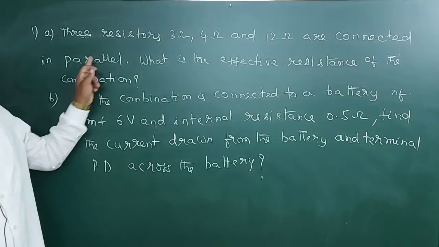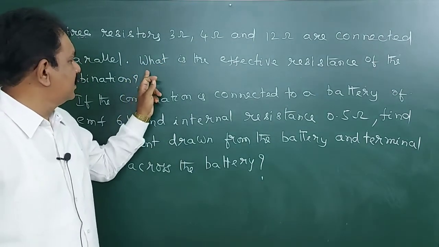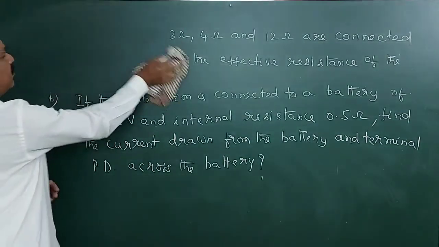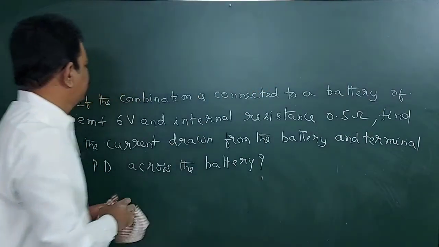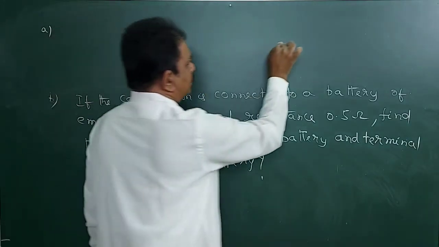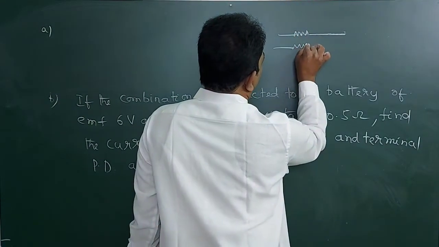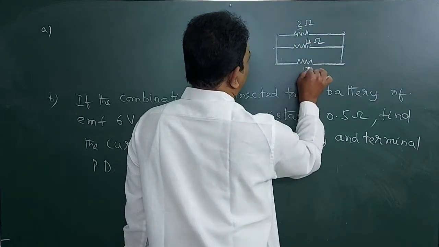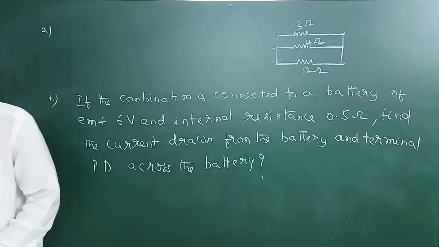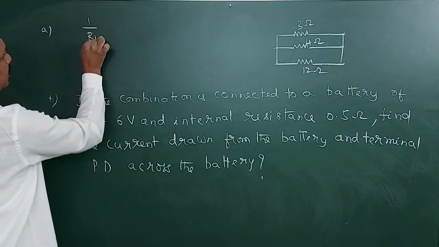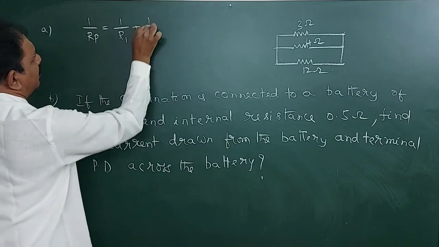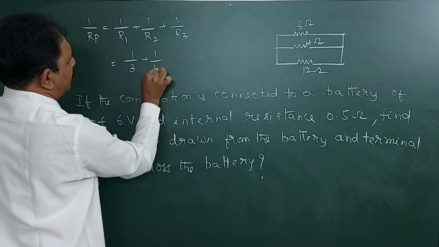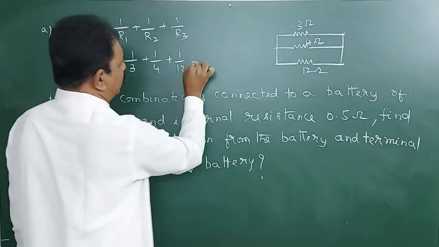Okay, so three resistances, 3 ohm, 4 ohm, 12 ohm, are connected in parallel. What is the effective resistance of the combination? 1 by Rp is equal to 1 by R1 plus 1 by R2 plus 1 by R3, which is 1 by 3 plus 1 by 4 plus 1 by 12.